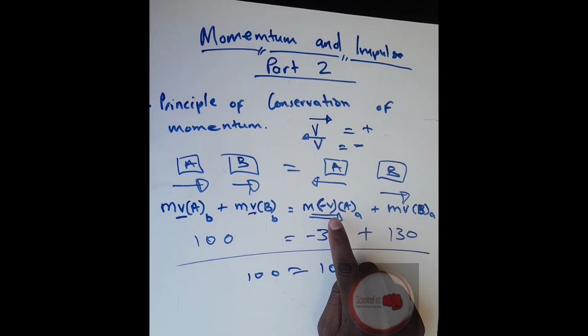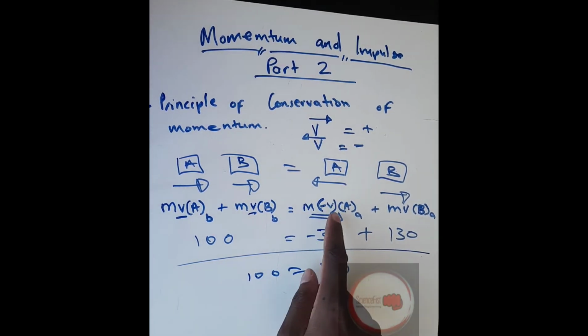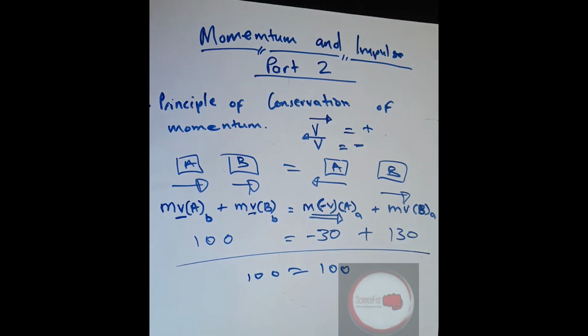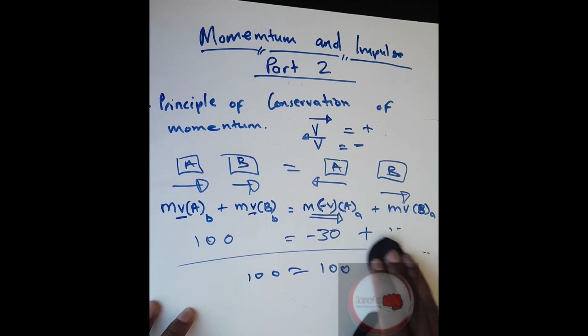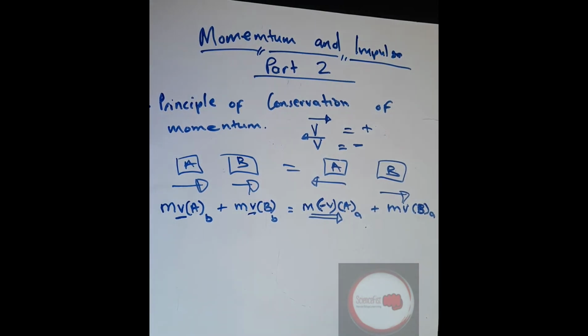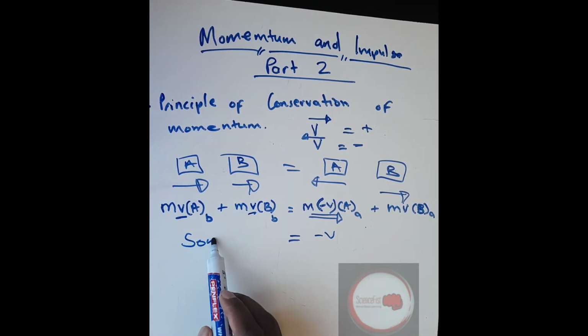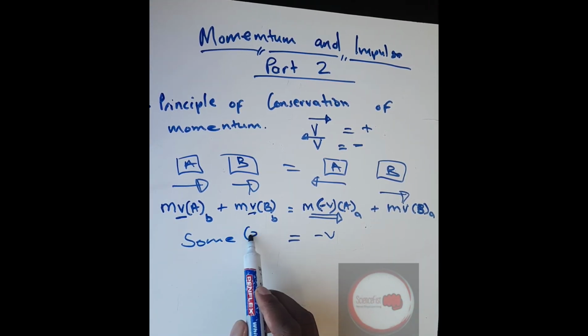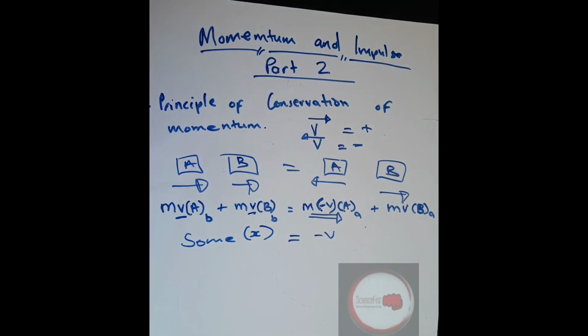So if they asked you to calculate the velocity here, and you put it as it is, with the negative v there, when you have done all your calculations and now you're looking for that v, you will have minus v being equal to something here. Let's just say some x value, right?